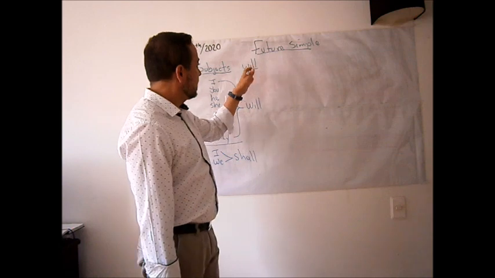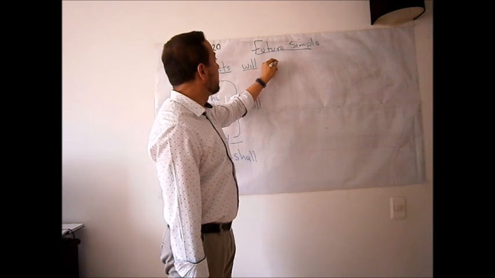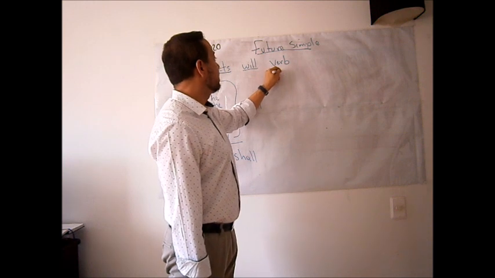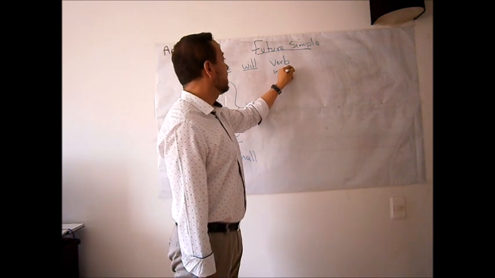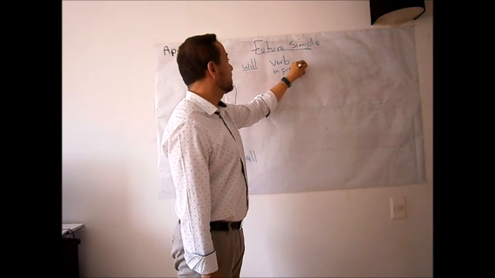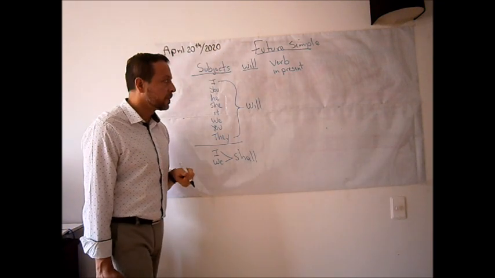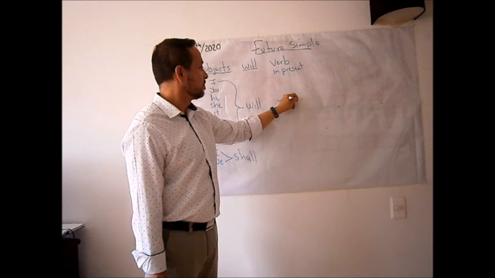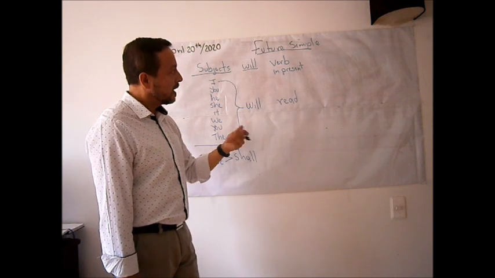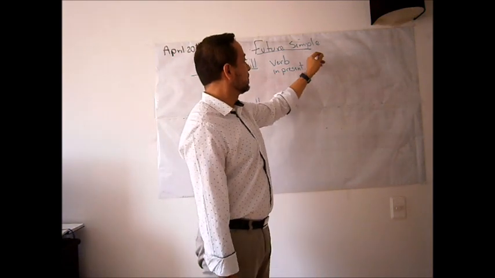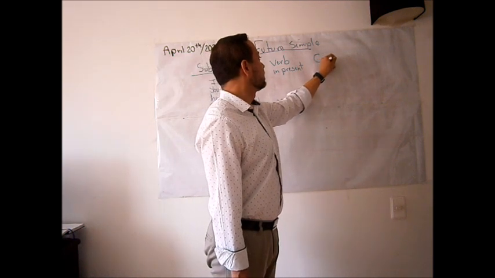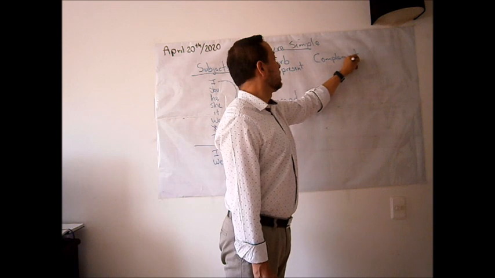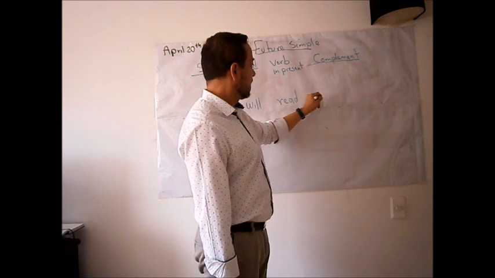Okay. Then you put a verb in present. It's very important to put a verb in present, okay? For example, read, okay? And then you put the complement. The complement, okay?